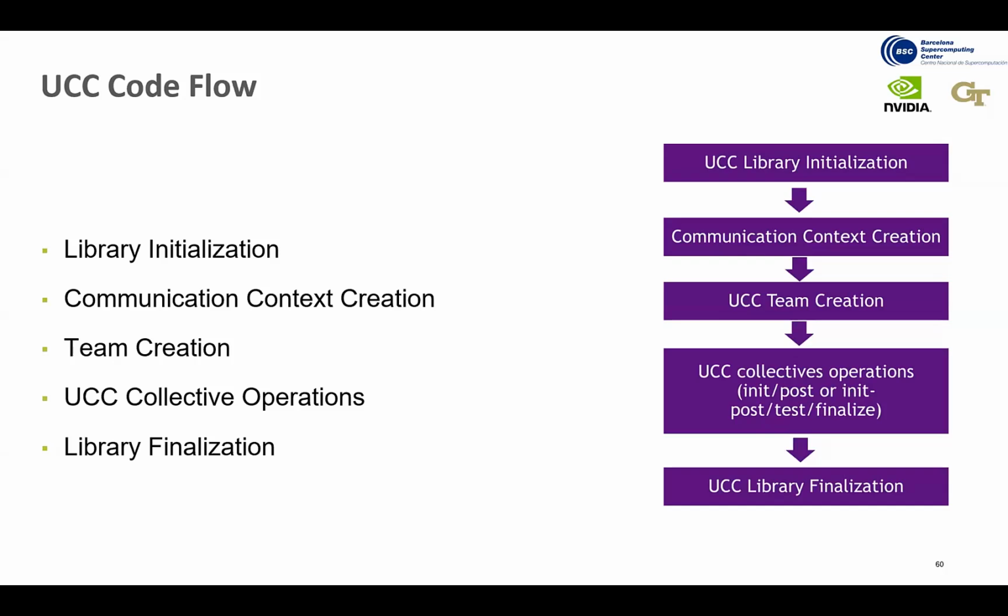So for people who do not know the details, OpenMPI has a very modular architecture where things can be loaded dynamically and on demand based on users' requests. So in the context of UCC, the UCC library will be initialized. And the first thing MPI does is create MPI_COMM_WORLD, the communicator that represents the entire set of ranks for the entire application. So in the context of the UCC library, it means a team will be created.